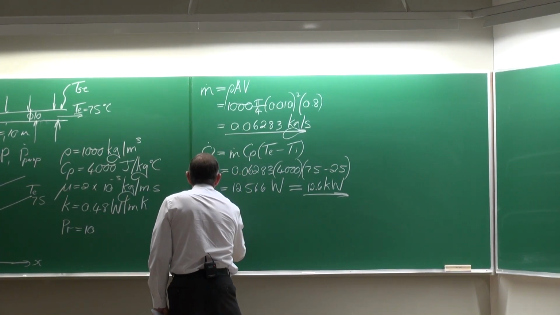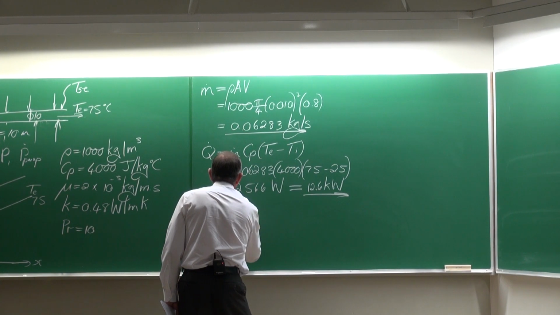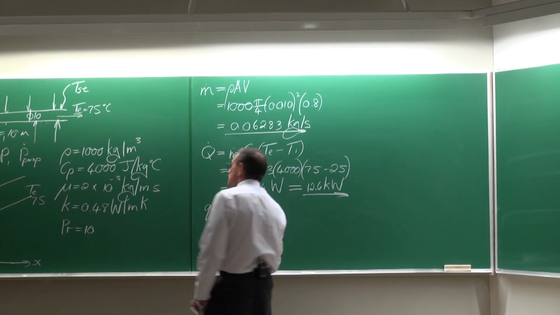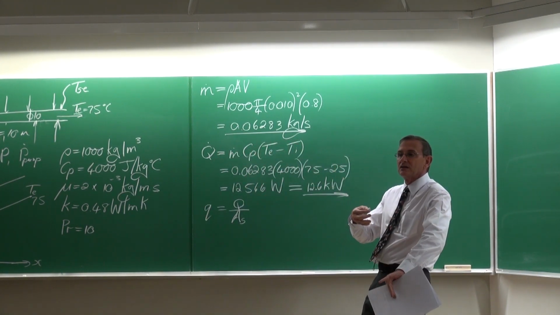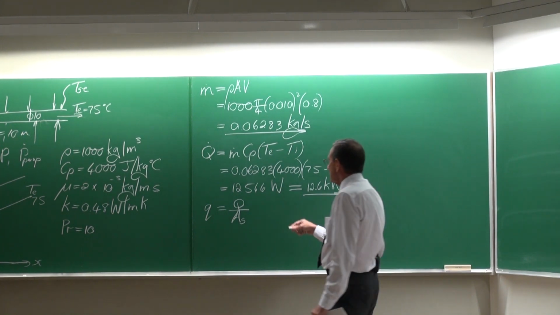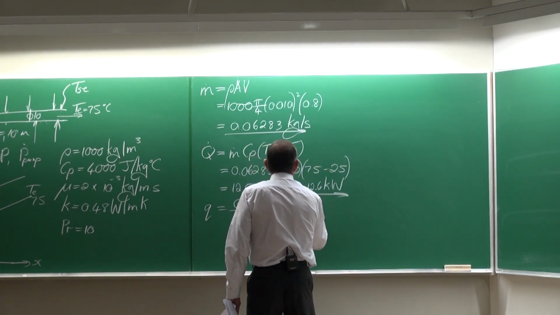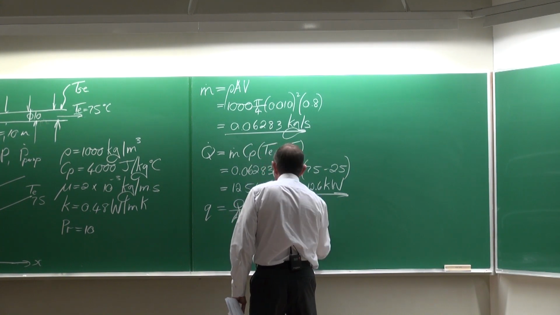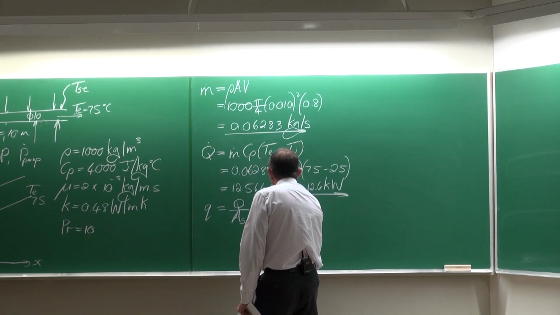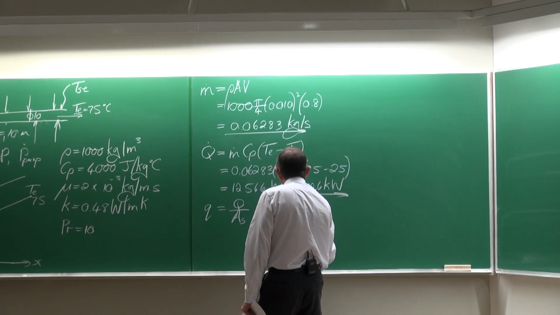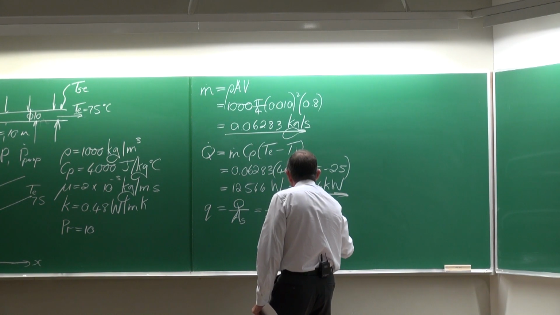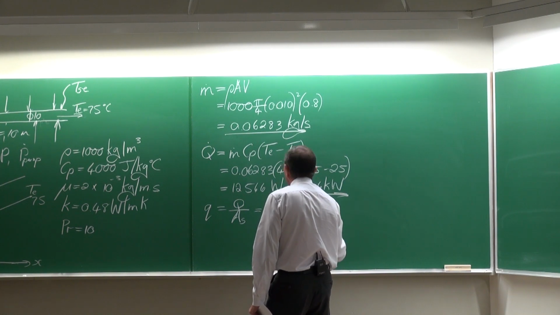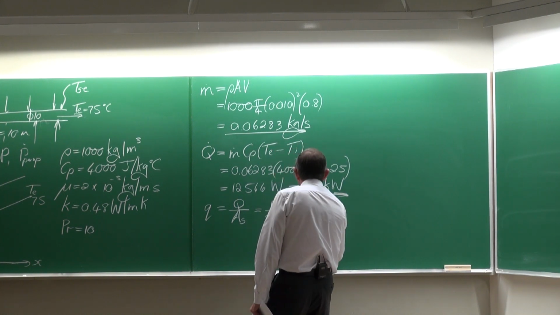So the heat flux is equal to the heat transfer rate divided by the surface area through which the heat transfers. The heat transfer rate is equal to 12,566 divided by the surface area, which would be pi multiplied by the diameter, which is 10 millimeters, multiplied by the length, which is 10.